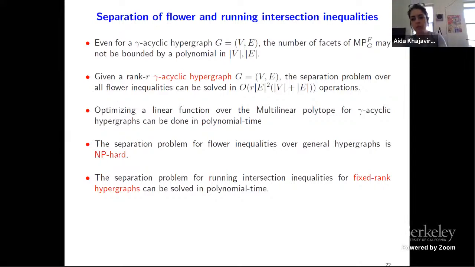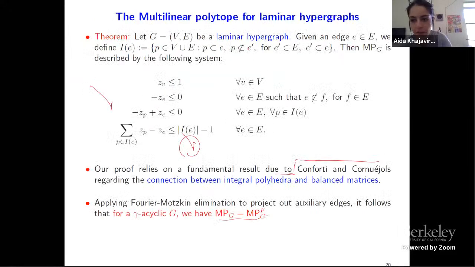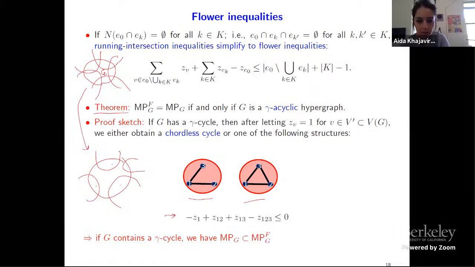Okay, so now let me say a bit about, so I gave you this polytope, the flow relaxation polytope or the running intersection polytope, and I told you when they are the convex hull. But how efficiently can you solve over them?